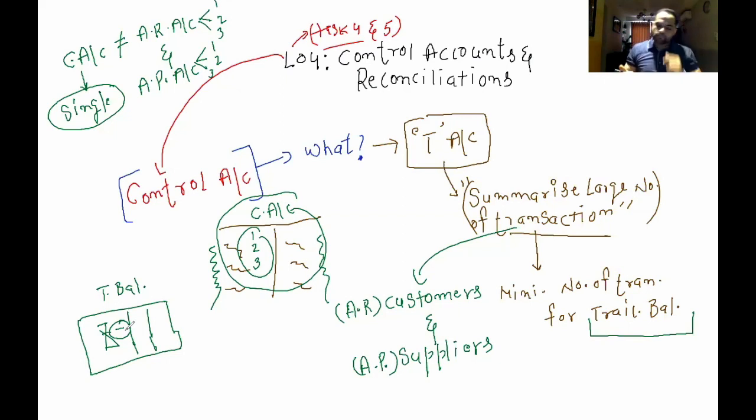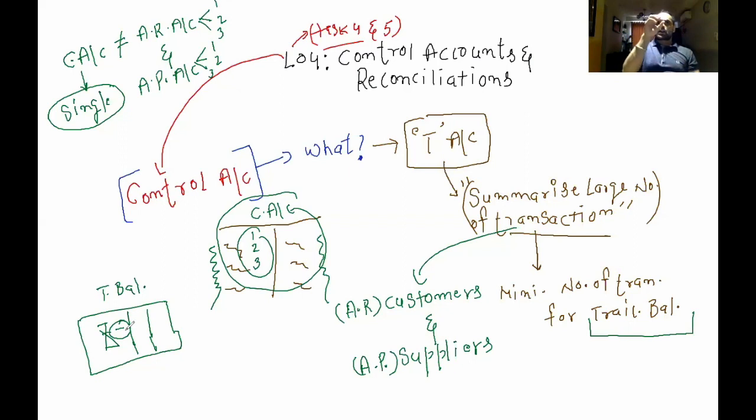So I repeat, a control account is basically combining all kinds of transactions, especially related to receivables and payables, in one account. That's called a control account. All right, so we can prepare two control accounts.